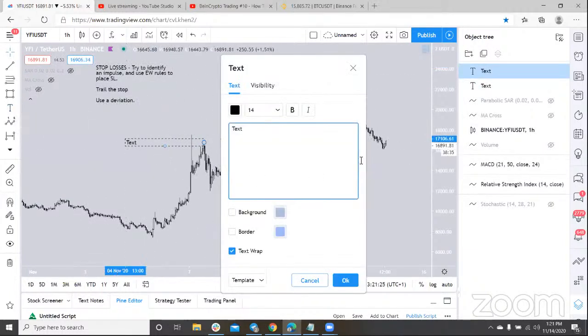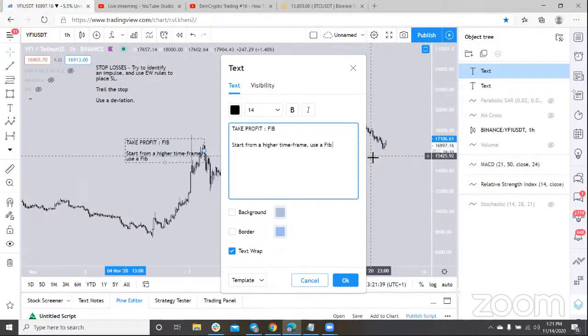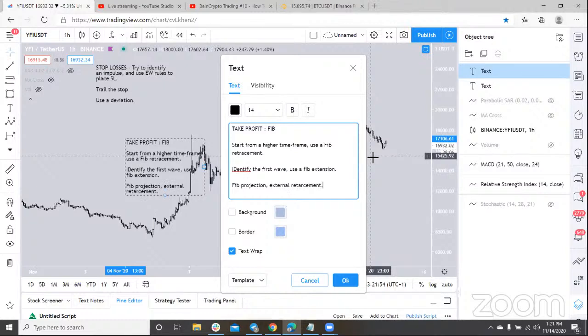For taking profits, now I usually use fib. For me, it's mostly fib. So fib, start from a higher time frame, use a fib retracement, identify the first wave, use a fib extension. Alternatively, you can use a fib projection or external retracement.